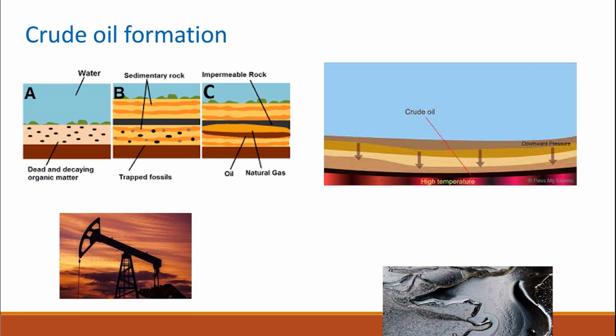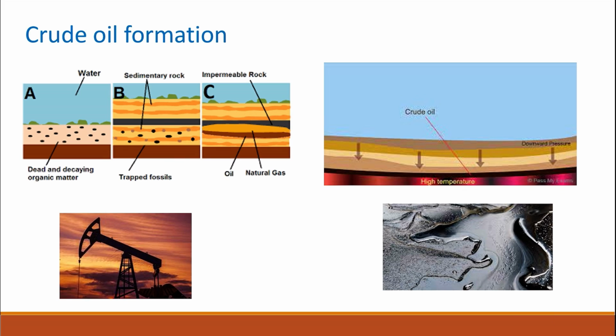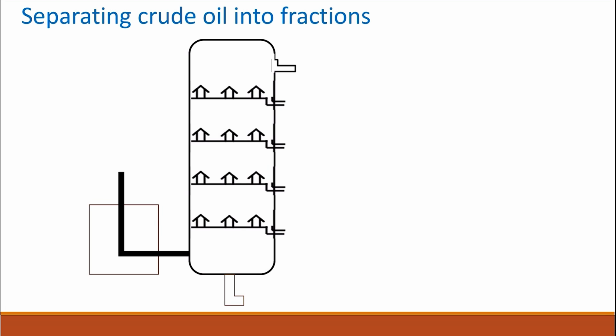The crude oil is then extracted from under the water or from under the soil, and it is used as the main source to get the different hydrocarbons. The main problem with crude oil is that it is a non-renewable, finite resource of hydrocarbons.